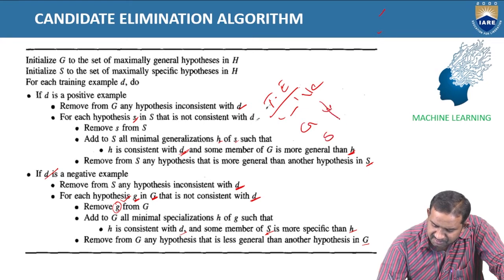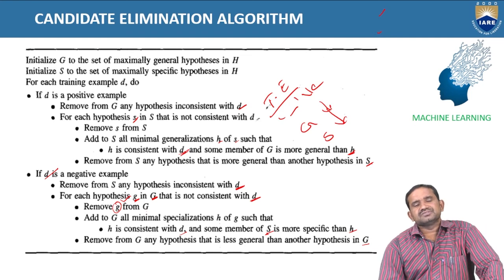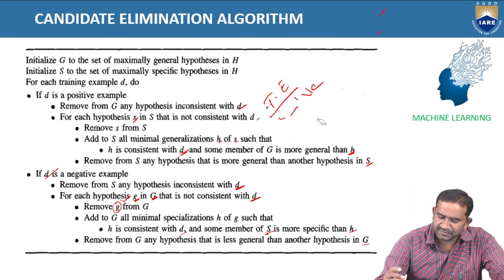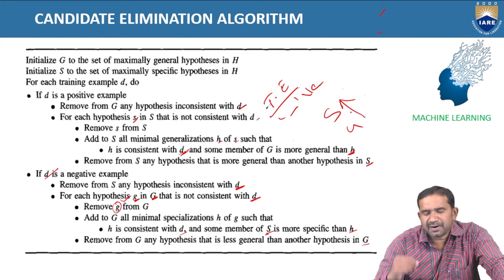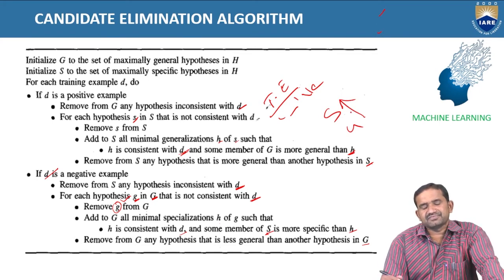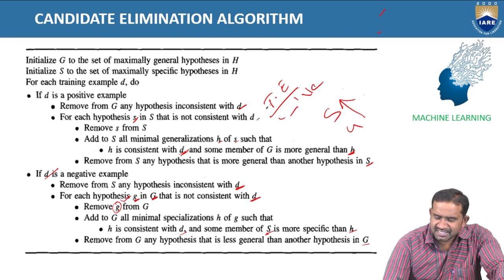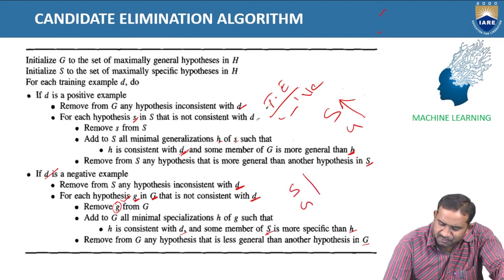That is the reverse of the positive example. Here specific and generalized are there, and we move from bottom to top if the training example is negative. In case the example is positive, we move from top to bottom.